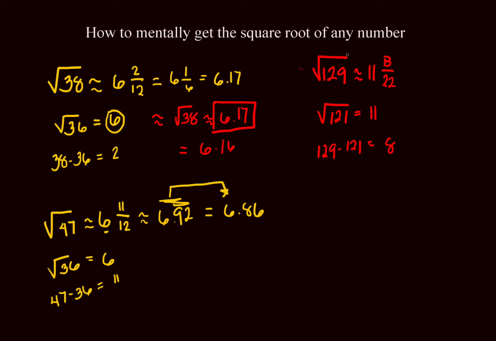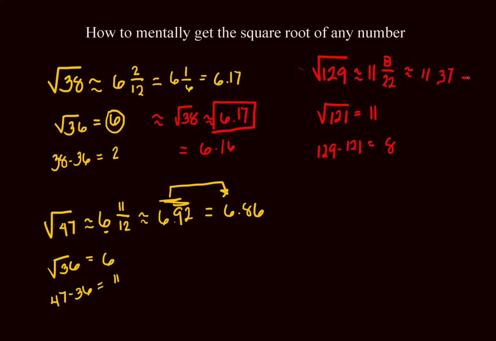So therefore, the approximate value for the square root of 129 will just be equal to 11 and 8 over 22. We could simplify 8 over 22 as just equal to 4 over 11, or that's about 11.37.